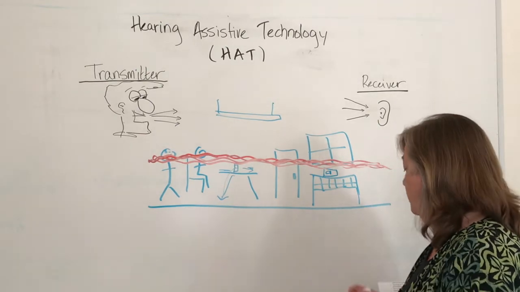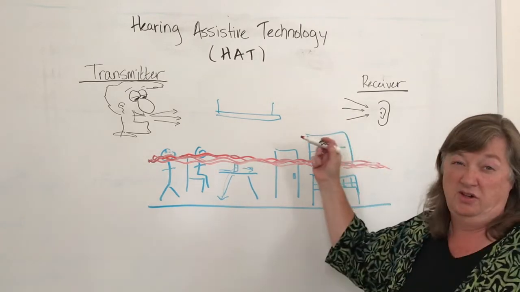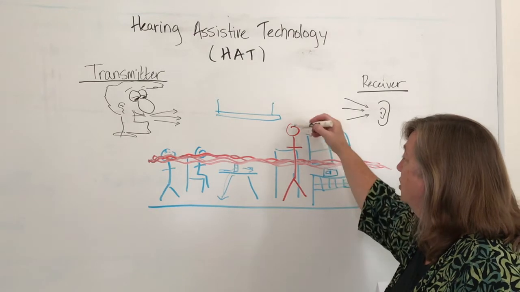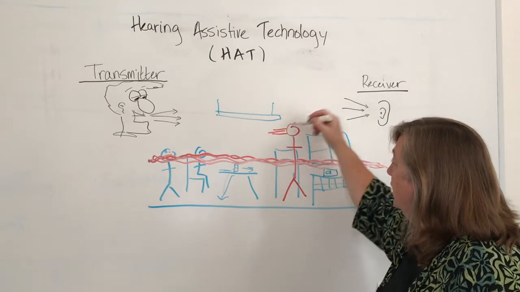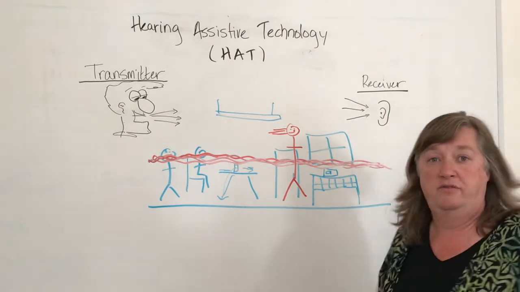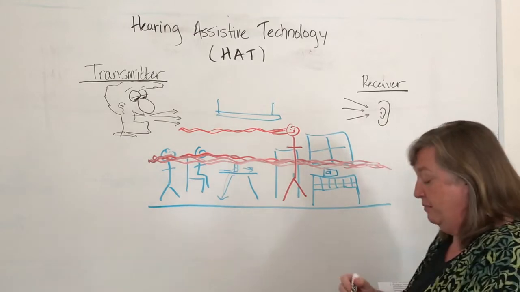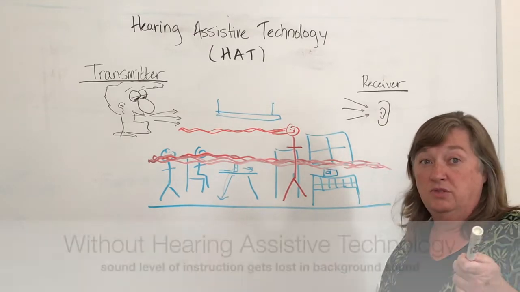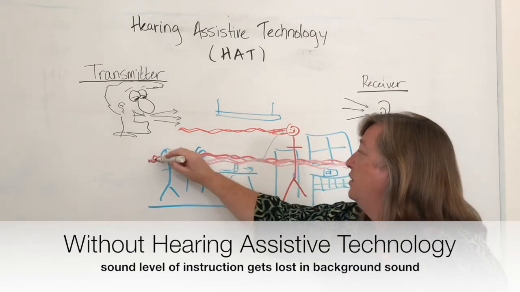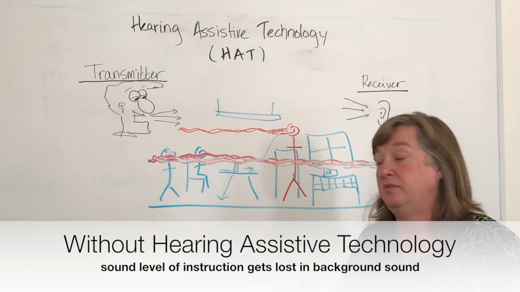You, on the other hand, are standing up here and you're talking, and here is the language of instruction, right? So you've got the sound here, but what's happening without any technology is that your voice is dropping down and getting lost in this background information.